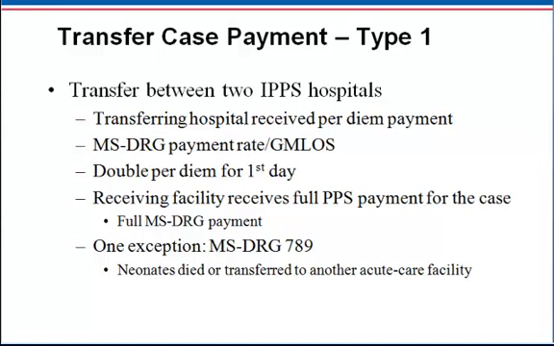The transferring facility receives double the per diem rate for the first day, plus the per diem rate for each day after for the patient's length of stay. The receiving facility will then receive the full prospective payment for the case. The only exception is for neonates who died or transferred to another acute care facility.